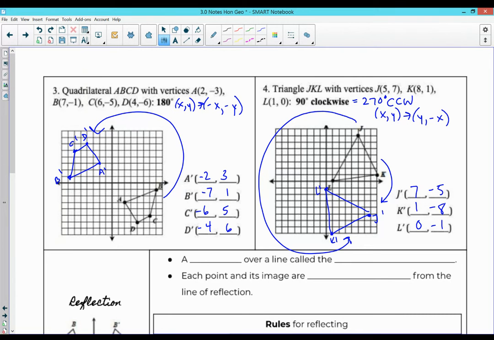So we just rotated that 90 degrees clockwise. That's our intro to rotations.